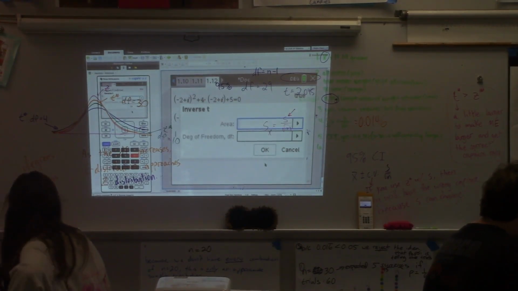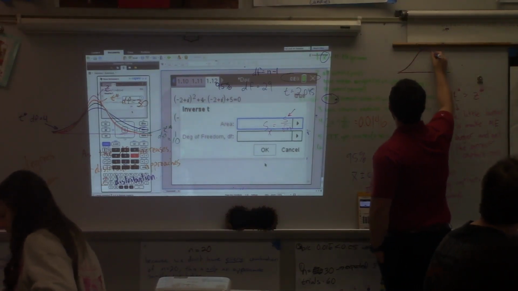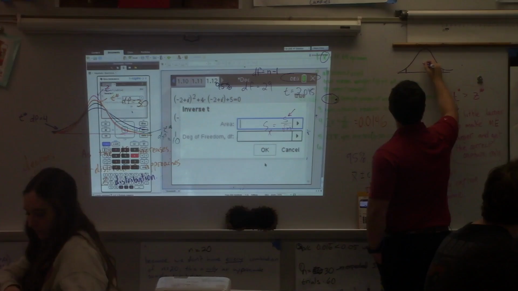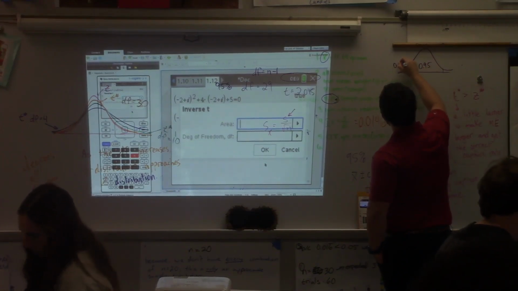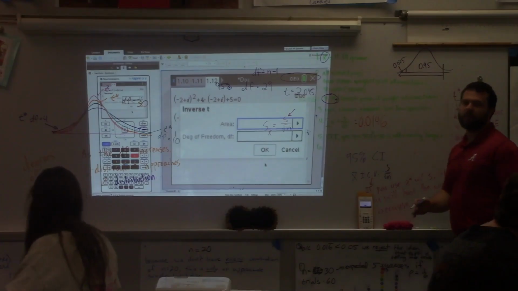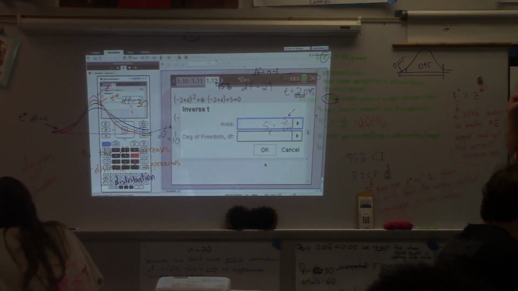Alright, 95% confidence level. What's my area? It's not 0.95, it's 0.05, so 0.025, or remember you could use 0.975. When you're doing the inverse, it's always the area to the left.